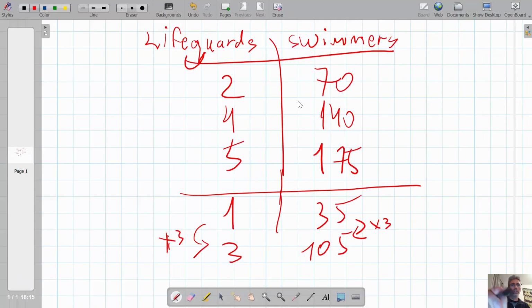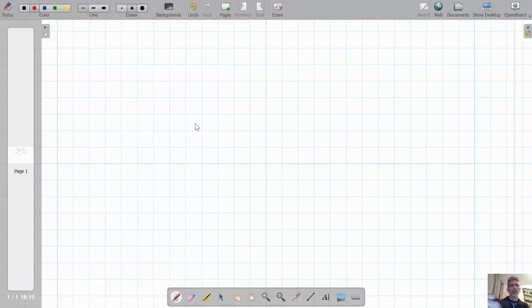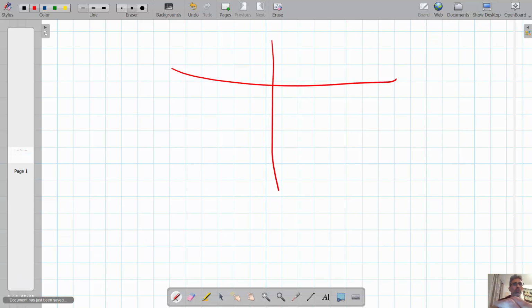For every 3 days of vacation, Farah packs 4 outfits. Okay. Days, outfits.